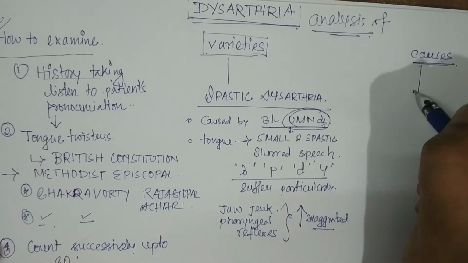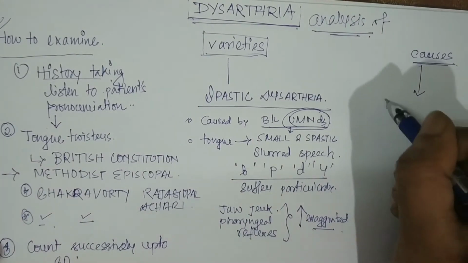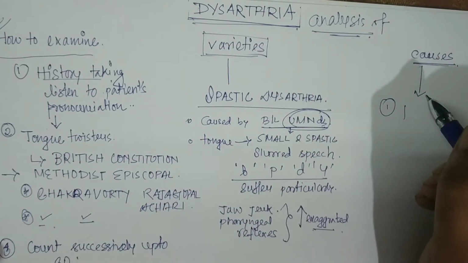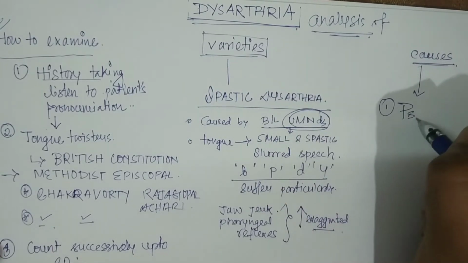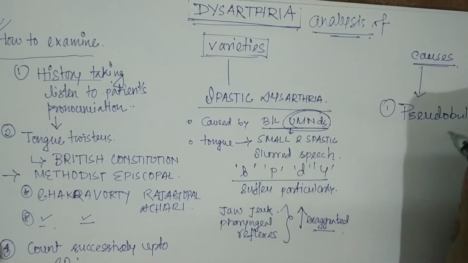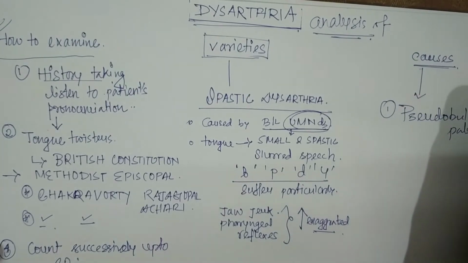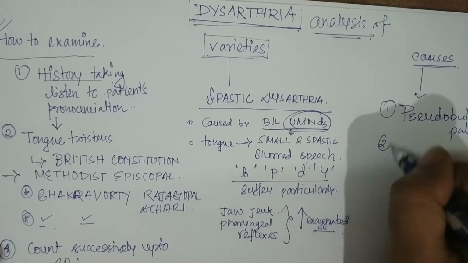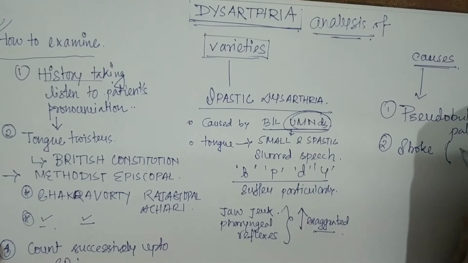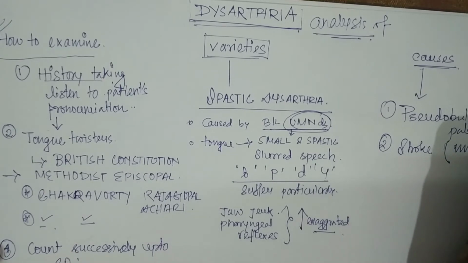What are the causes? All are upper motor neuron diseases. Number one cause is pseudobulbar palsy. Another one is stroke, maybe multiple strokes.